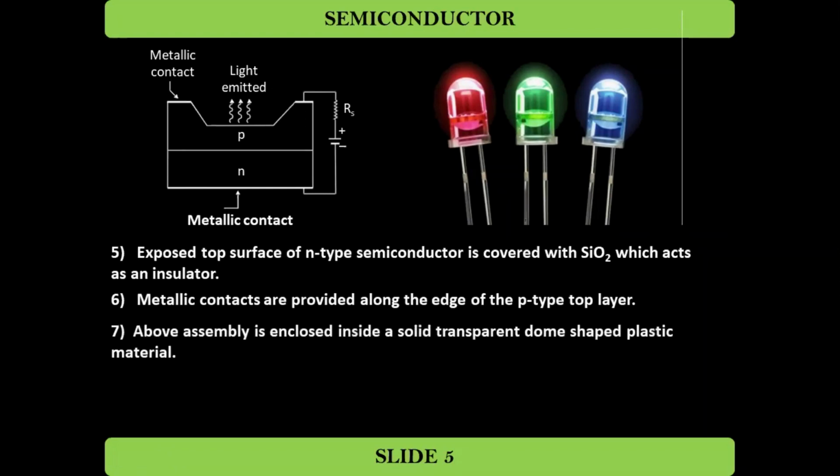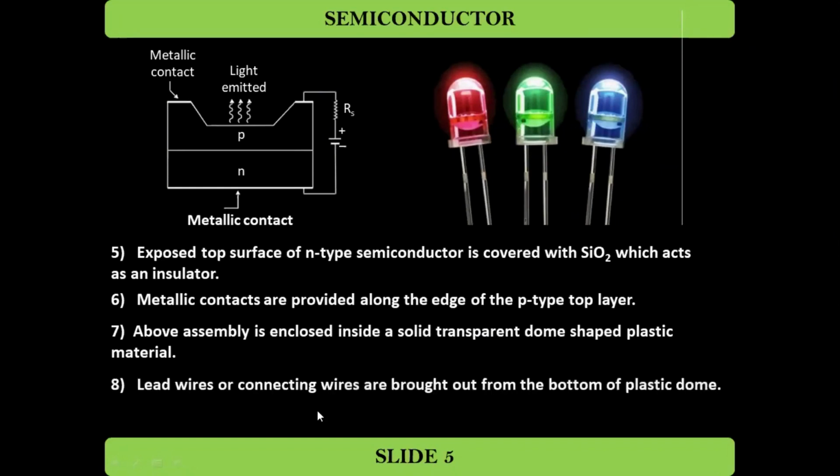The entire assembly is enclosed inside a solid transparent dome shaped plastic material, which is why it is shown in this manner. The lead wires are the connecting wires, and you can see these are the wires we are talking about.